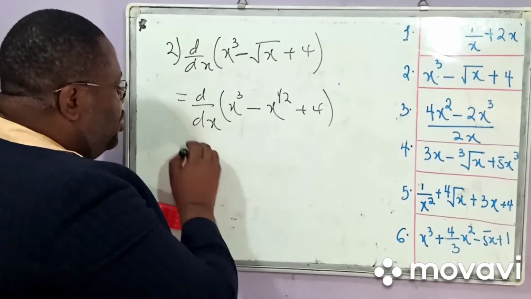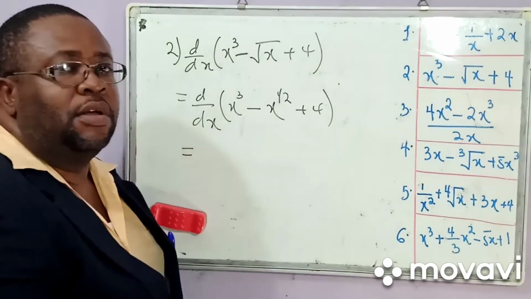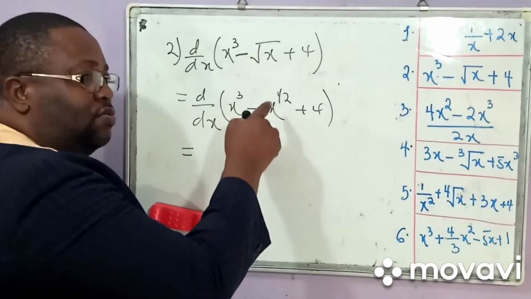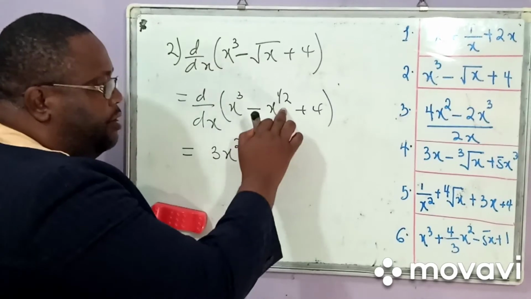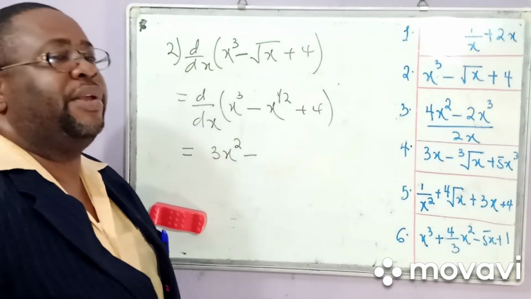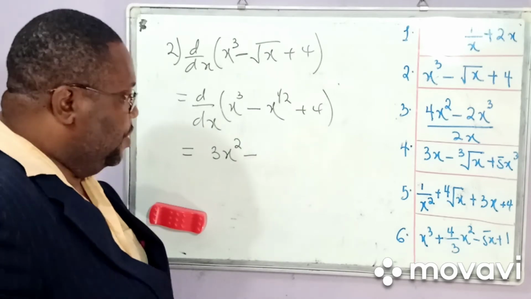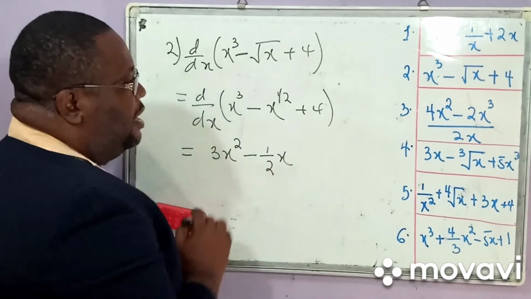So when I differentiate at this level, when you differentiate x cubed, you bring down this 3 and subtract 1. So you simply have 3x squared. Minus, now I'm differentiating x to the power half. Now when you do that sort of thing, you simply get 1 all over 2x.